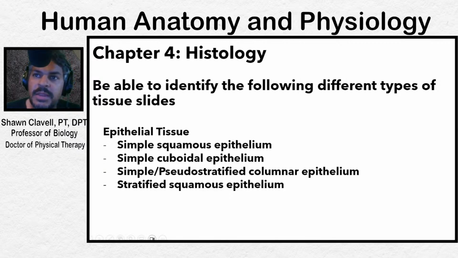Okay, and so you got that simple squamous epithelium, simple cuboidal epithelium, simple or pseudostratified columnar epithelium. Again, looks very similar, and then stratified squamous epithelium. These are the four types of epithelium you'll be asked to identify on a particular slide.